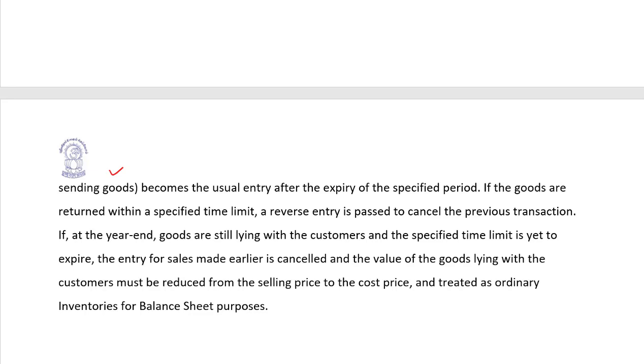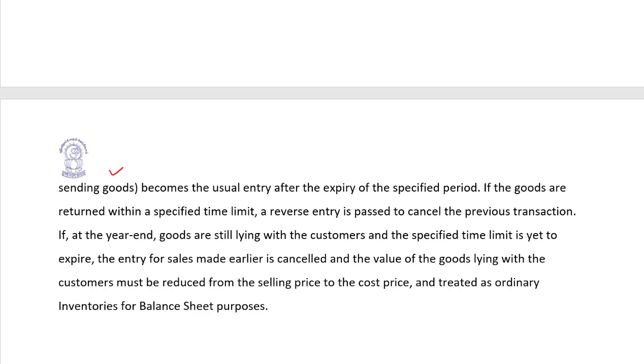If at the year end goods are still lying with the customer and the specified time limit is yet to expire, the entry for sale made earlier needs to be cancelled. The value of goods lying with the customer must be reduced from the selling price to the cost price and treated as ordinary inventory for the business for balance sheet purposes. Suppose you made a sale on 15th of March, and the time limit given is 30 days on sale or return basis.